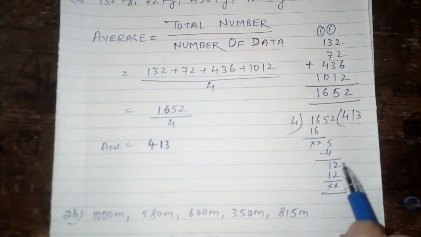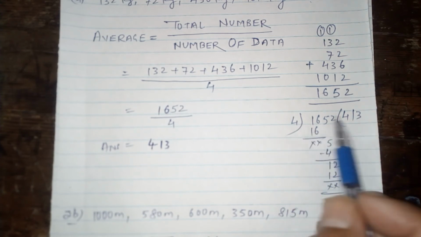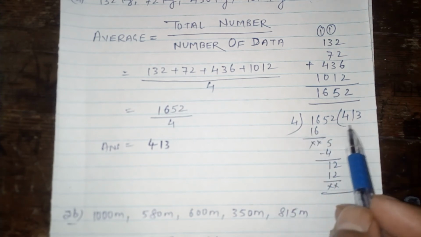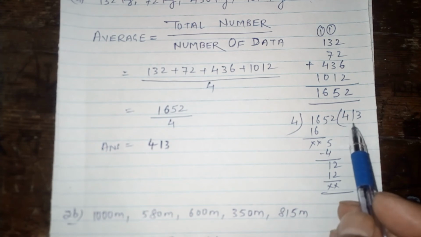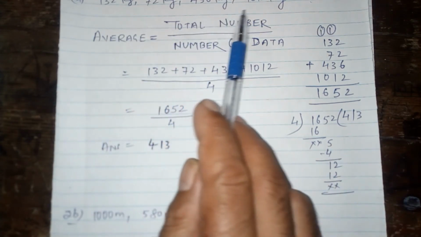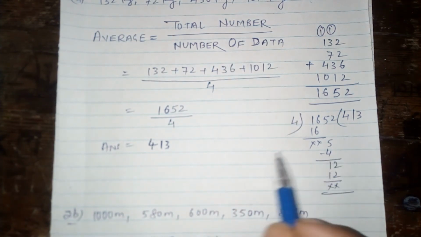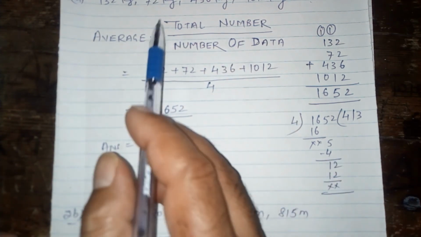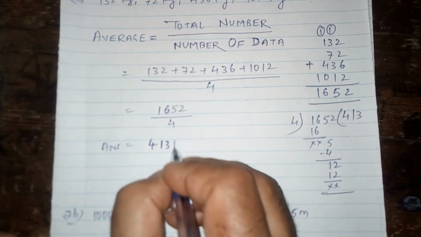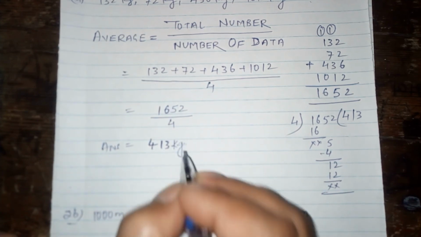Next number is 2. So 4 threes are 12. Answer is 413. 413 is the average of all these four numbers. So the average of all these four numbers is 413 kg.